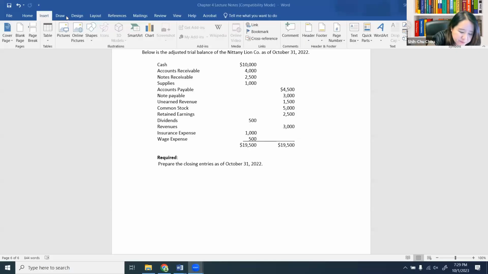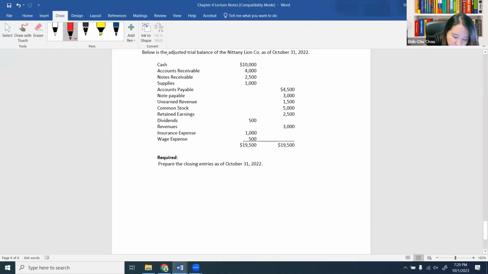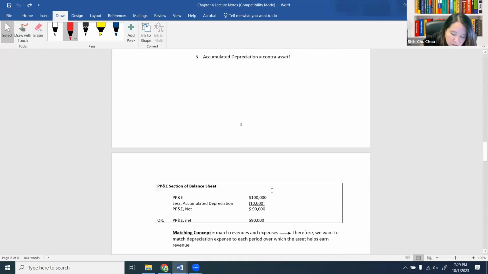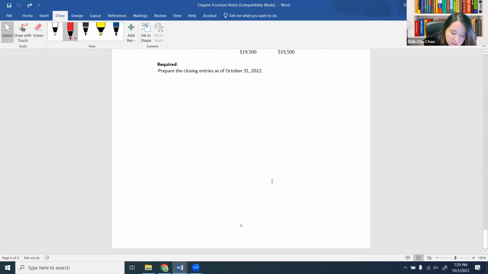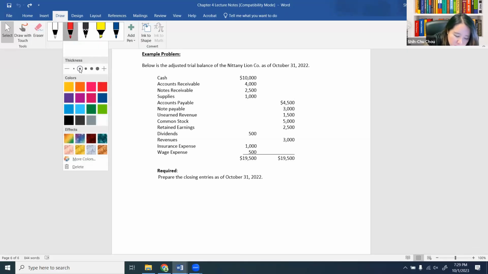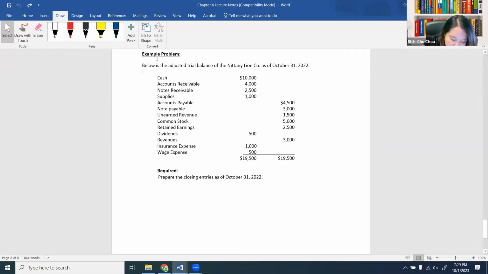Okay, so this is the adjusted trial balance of this company for October 31st, 2022. We need to prepare closing entries as of October 31st, 2022.